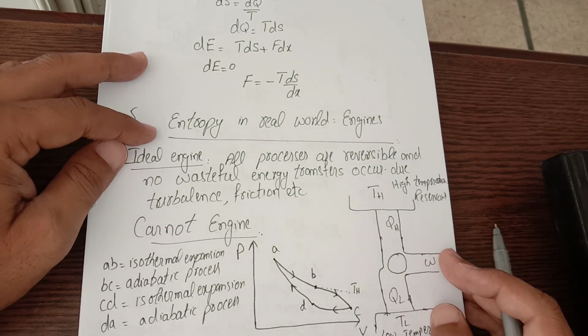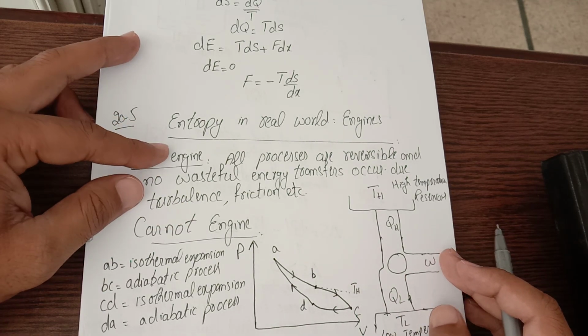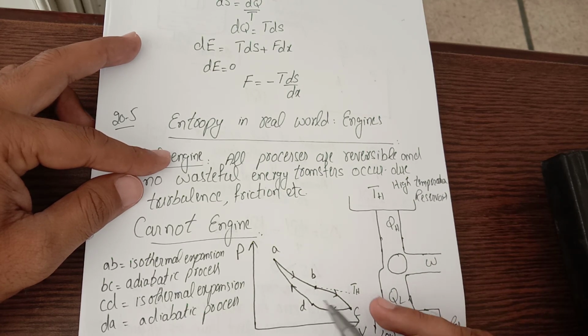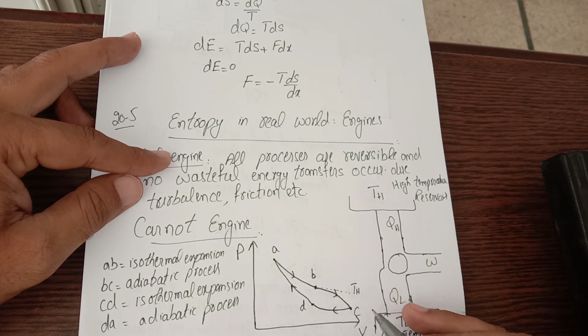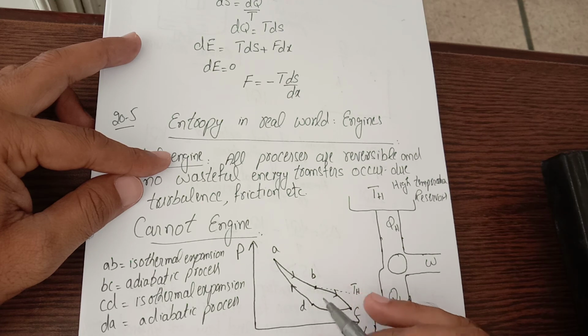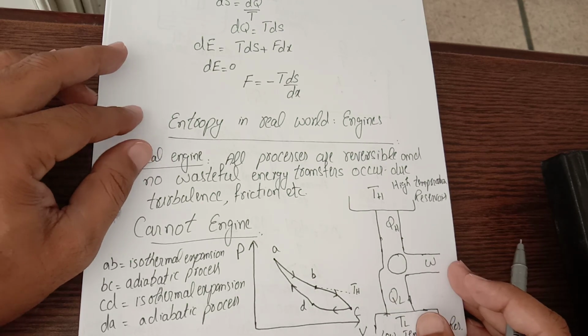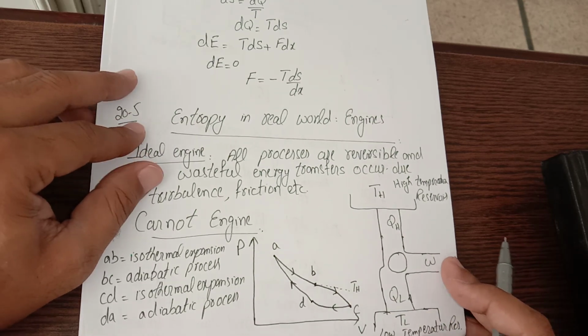AB and CD occur at the same time, and BC and DA occur at the same time, and both of them occur in series to make it a reversible process.